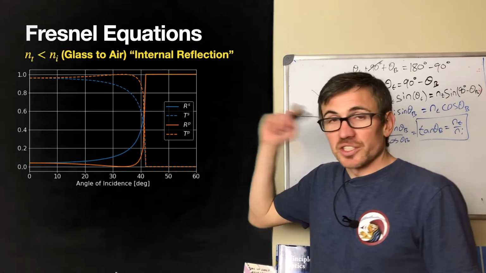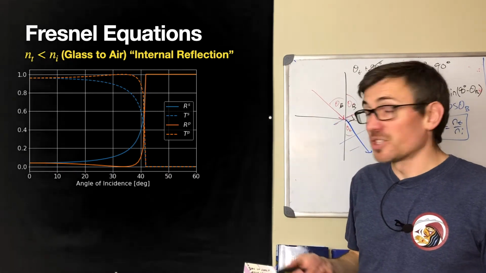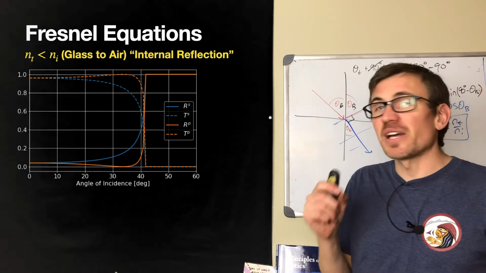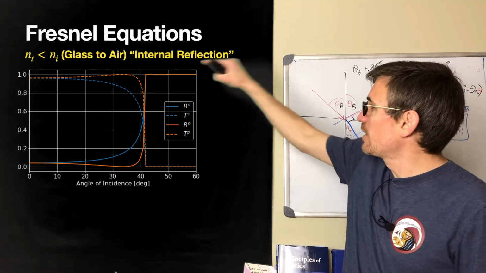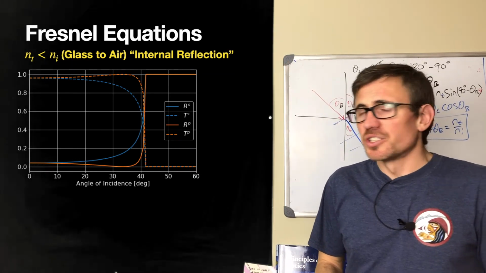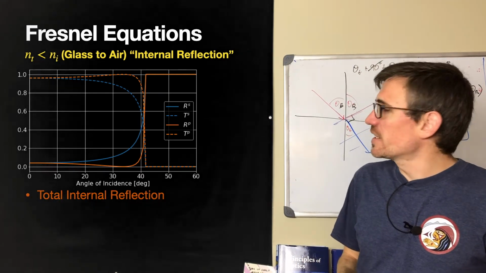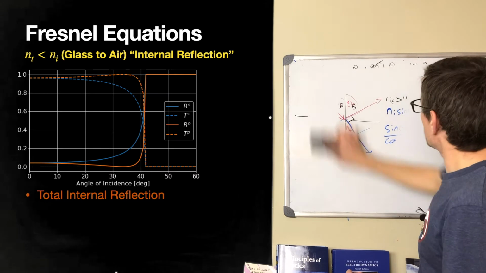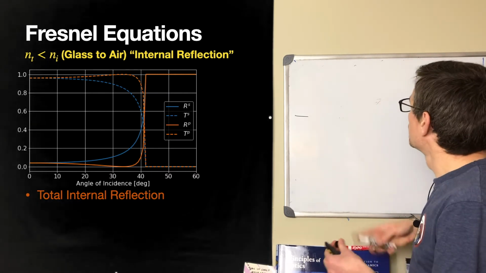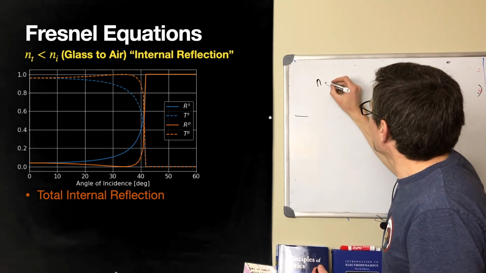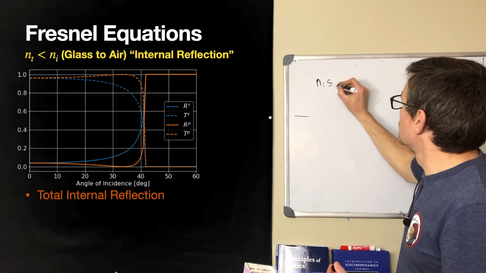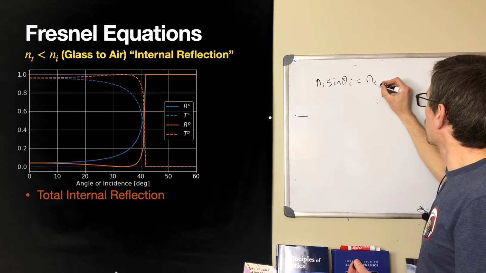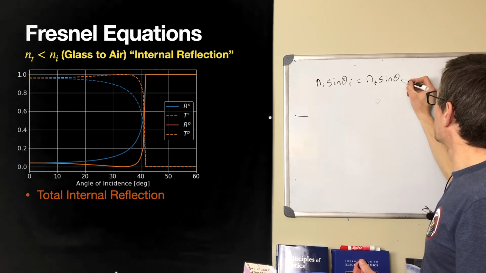We have this critical angle, which is actually what it's called, the critical angle, where we have total internal reflection. The reflection goes to 1 and it's pinned there. It stays there. Okay? So what is the condition for this total internal reflection? Well, we have Snell's law. It says that N incident times sine of theta incident is equal to N transmitted times sine of theta transmitted.